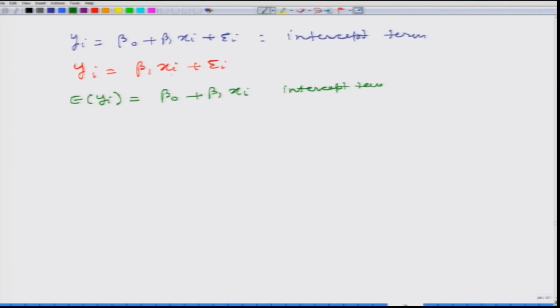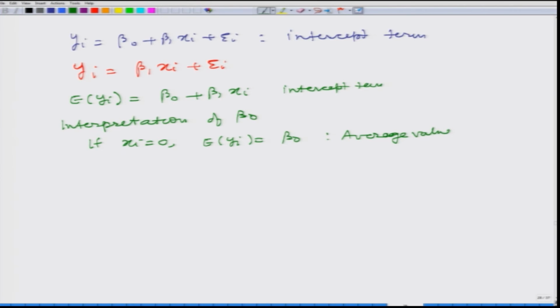So, what is the interpretation of beta 0? Beta 0 is nothing but, if xi is equal to 0, then the expected value of yi is equal to beta 0. So, that means beta 0 is nothing but the average value of y.